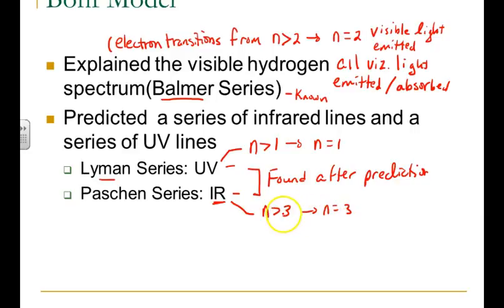So an electron at an energy level higher than energy level 3 falls to energy level 3, and in so doing gives out an infrared photon. There are other series. These are just 3 of the most famous, but there are other series of light. For instance, any energy level higher than 4 dropping to 4 would be another example.